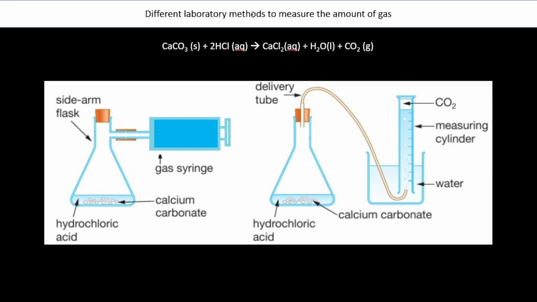so there are different laboratory methods to measure the amount of gas. For example, by using a side-arm flask collection method, what you can do is that when carbon dioxide or CO2 gas is being produced here, as per our reaction, it can be collected by using a gas syringe.